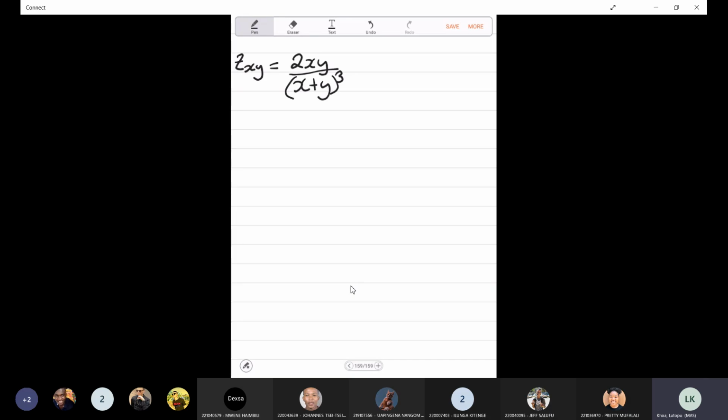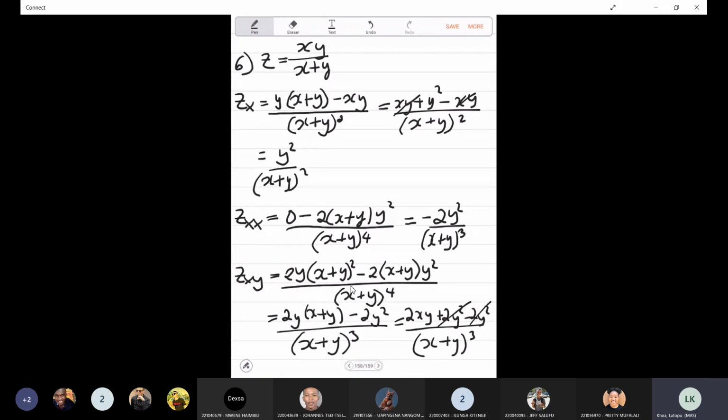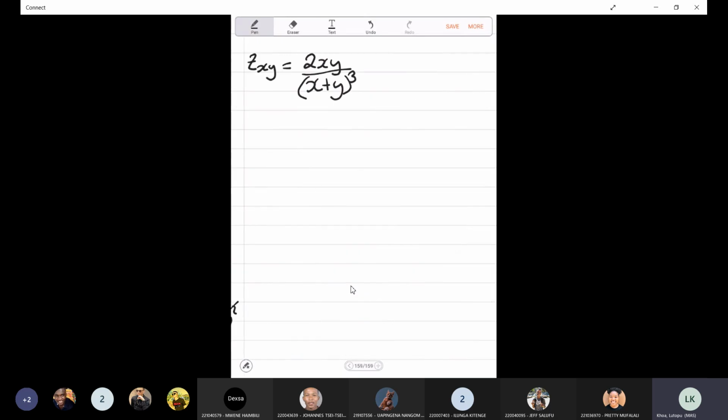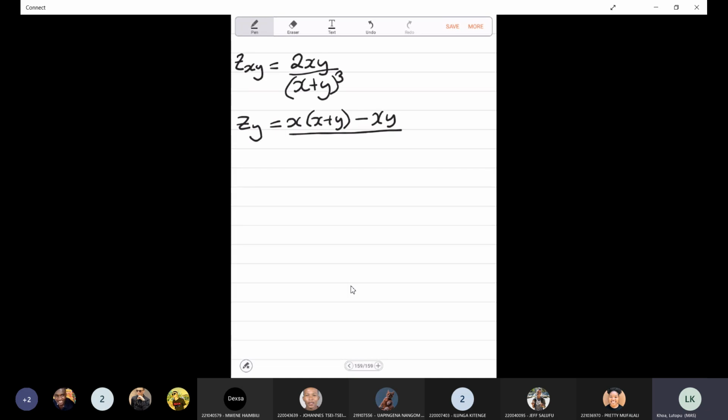Then we need the derivative with respect to y twice. We start with zy. Again, z is xy over x plus y. Differentiating with respect to y: the derivative of the numerator times the denominator the way it is, minus the derivative of the denominator times the numerator the way it is, over the denominator squared.